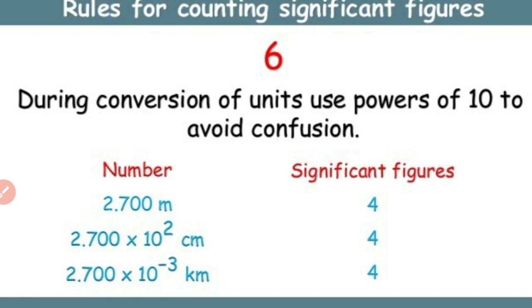Even if we change the system of units, it should not change the number of significant figures, because the number of significant figures shows the precision with which we measured the value. Got it? Here an example has been given: if we write the measured value as 2.700 meter, the number of significant figures is 4.